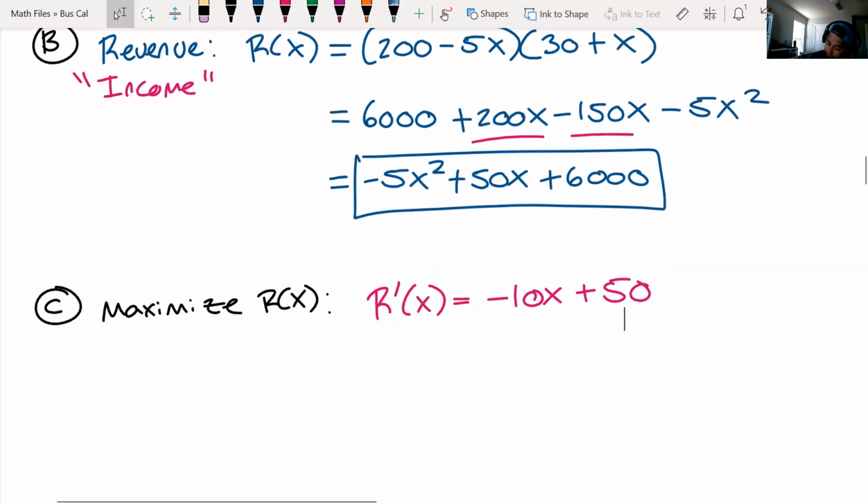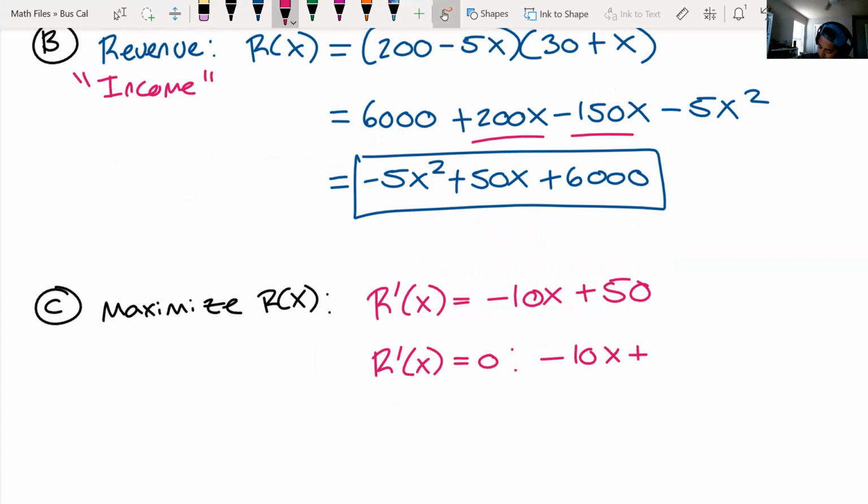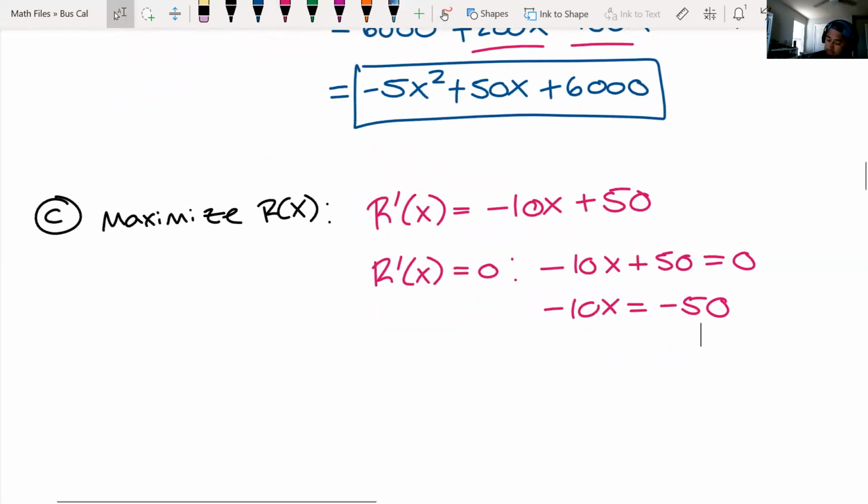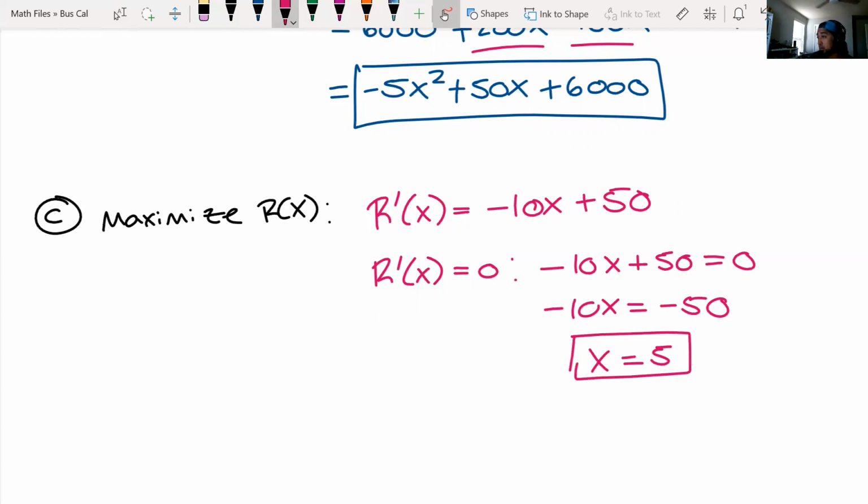And after you do that, you set it equal to 0 and solve for X. Divide by negative 10, and you should get X equals 5. That is the number of rate increases. Okay, so we're only going to do 5 rate increases, so rate of $5.